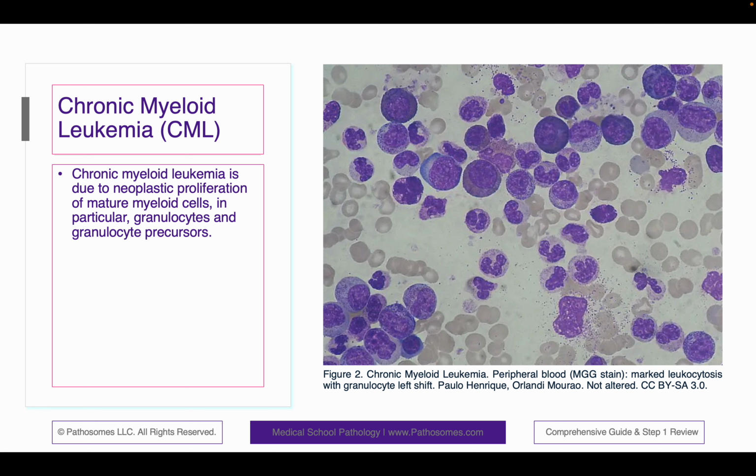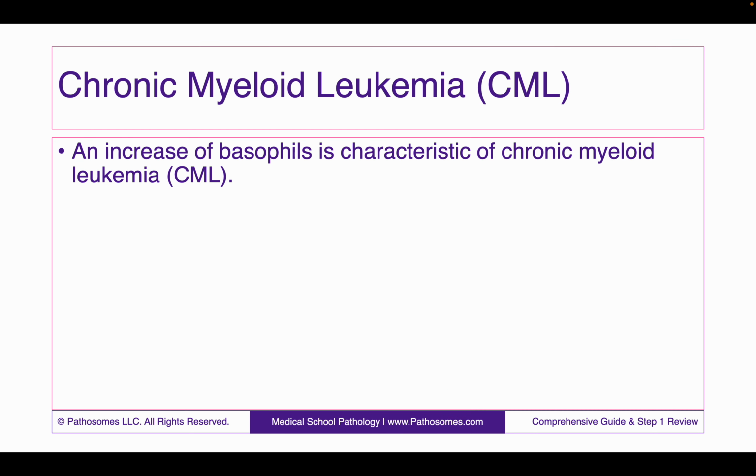Because we shouldn't have myeloid precursors out in the peripheral blood. We should mainly only be seeing neutrophils, mature neutrophils for the most part. But we're seeing many promyelocytes. Also keep in mind that an increase of basophils is characteristic of chronic myeloid leukemia.